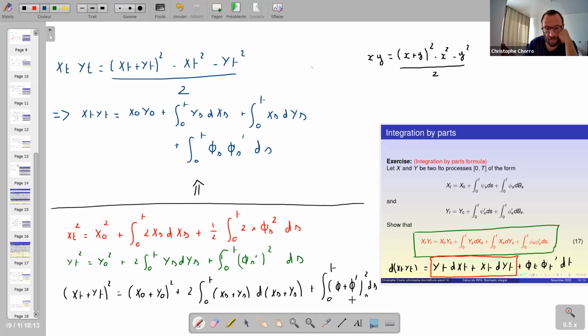If you take this term here and subtract this one over 2, you obtain exactly this term. And the same for this one: subtract this one and divide by 2, you obtain exactly these two. So do this at home. And this formula here is very important, and you have to know it. Very important in what we are going to do.